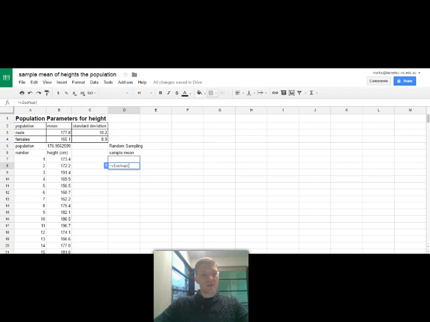So we've got 2,000 members of our population, so let's randomly look up a member of the population. We're going to use the RANDBETWEEN function. That's going to randomly generate a number between 1 and 2,000. Once we randomly choose a number between 1 and 2,000, that's going to refer to one of our population members. But we don't want their number, we want to return their height.